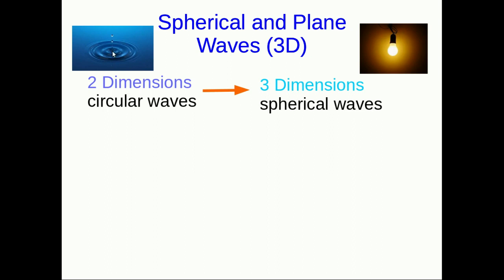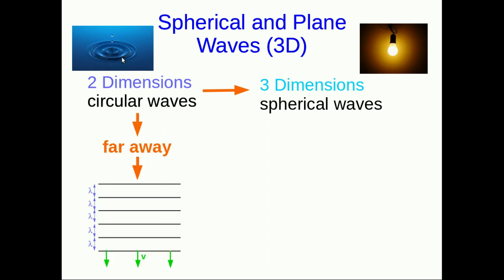Now, one thing that's important to realize is that far away from, say, this 2-dimensional source, if you go far enough away, those are bigger and bigger circles, and if you're standing on one of those circles, it won't seem so curved if you're very far away from it, because these are now big circles.